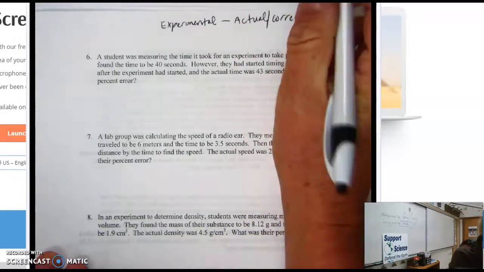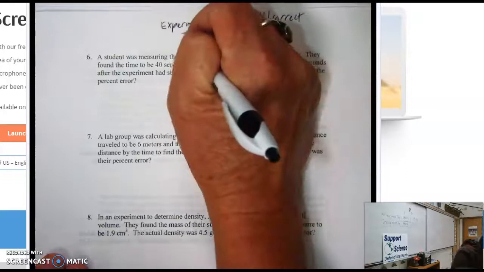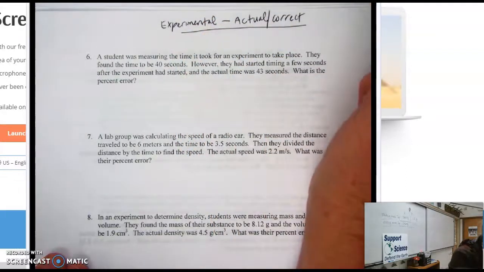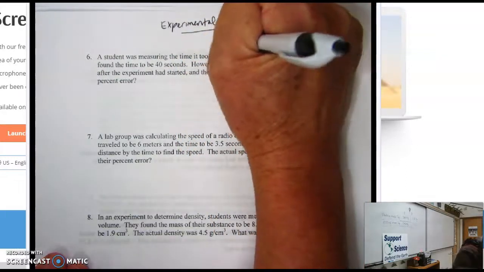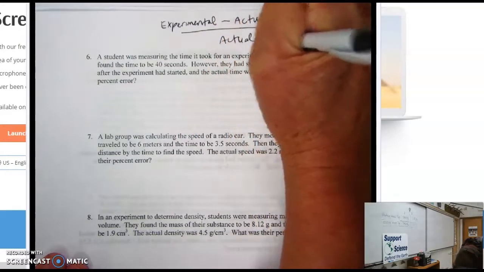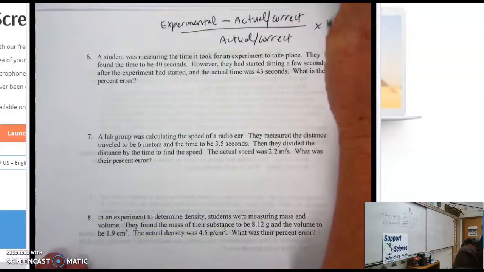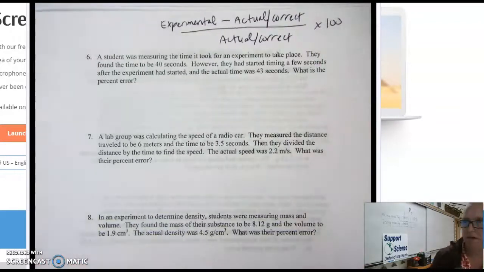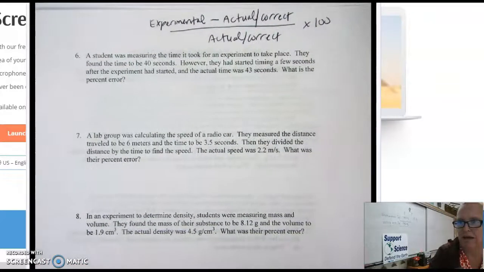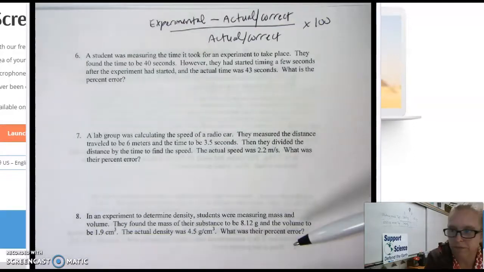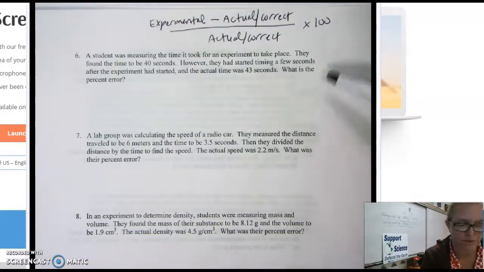Taking that, subtracting the difference there, and dividing it by the actual or correct value. And you're multiplying that by 100 to get that into a percentage, okay? So I wanted to demo a couple of these problems because for the later ones, there's some other additional things you have to do, okay?